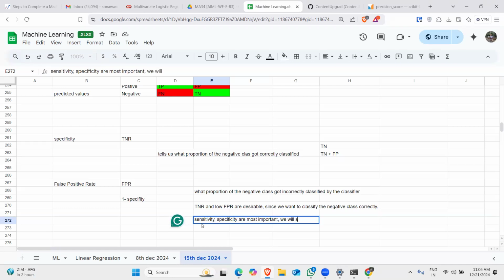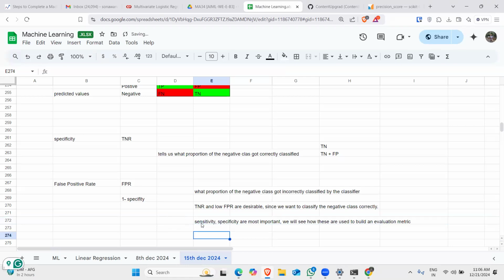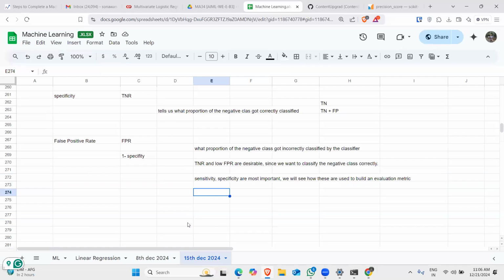And we will see how these are used to build an evaluation metric. But before that, let us understand the ROC and AUC curve.